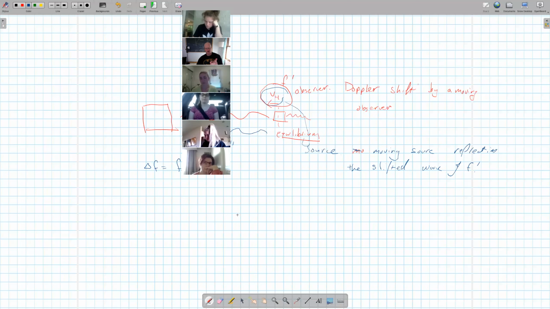Then it reflects that shifted wave back to the ultrasound, which gives it a secondary Doppler effect because it is now a moving source. Okay? So inside of here, there are actually two Doppler shifts.